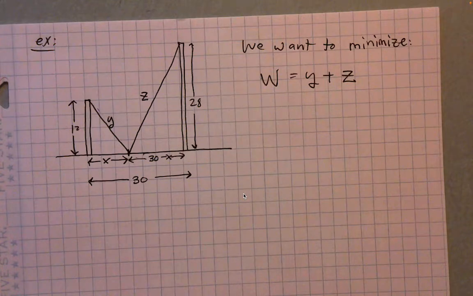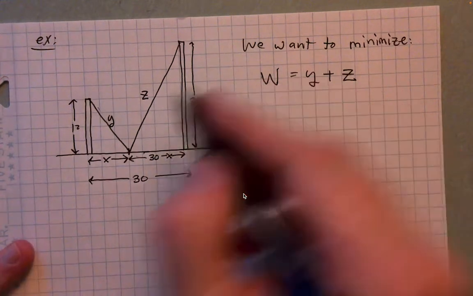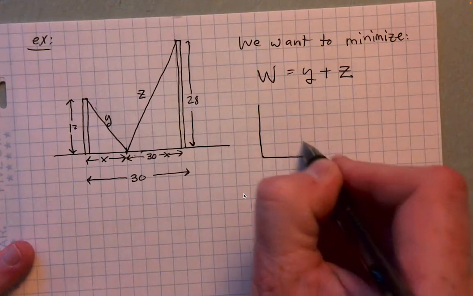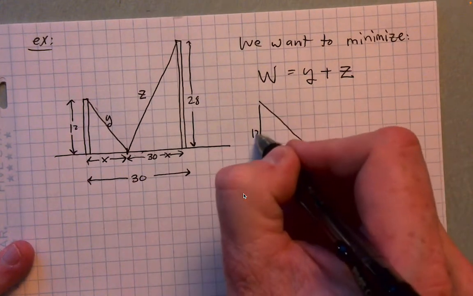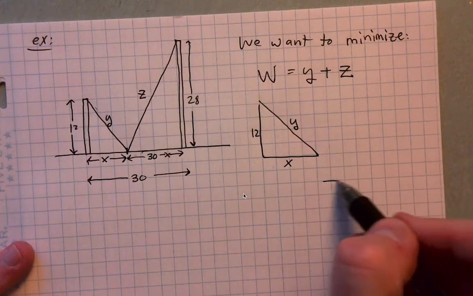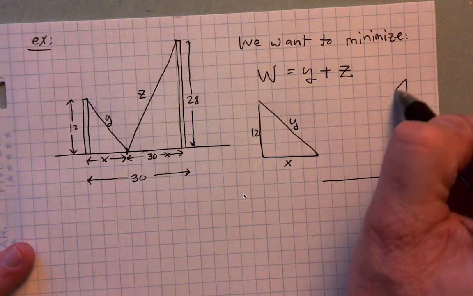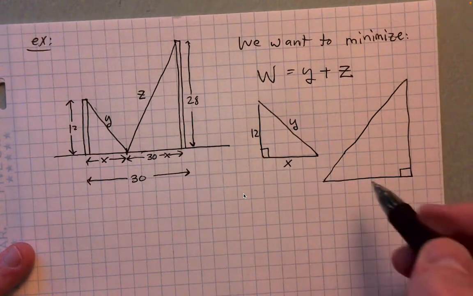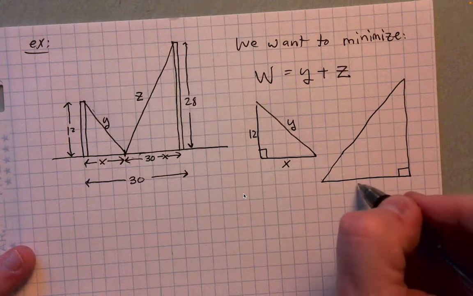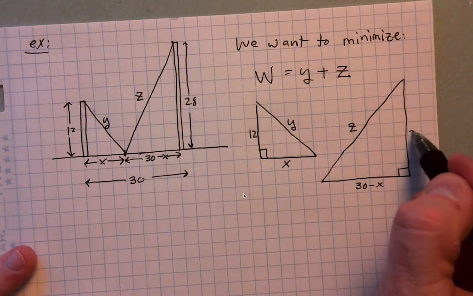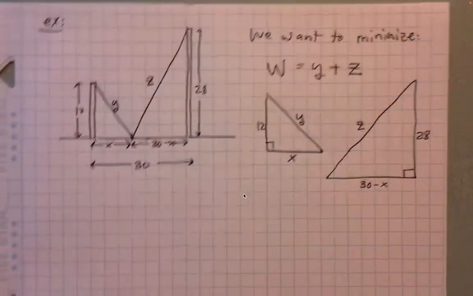Okay, now let's break this down, because you will have noticed that we're dealing with some triangles here. We've got a 12, an X, and a Y triangle, and then this other one over here, and they're both right triangles. This one is 30 minus X and Z and 28.